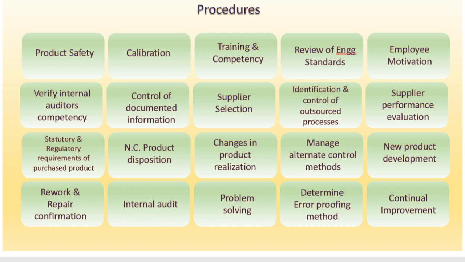You need to document procedures related to product safety, calibration, training and competency, review of engineering standard, employee motivation, verify internal auditors competency, control of documented information, supplier selection, identification and control of outsourced processes, supplier performance, statutory and regulatory requirements of purchased product, NC product disposition, changes in product realization, manage alternate control methods, new product development, rework and repair confirmation, internal audit, problem solving, determining error proofing method, continual improvement.